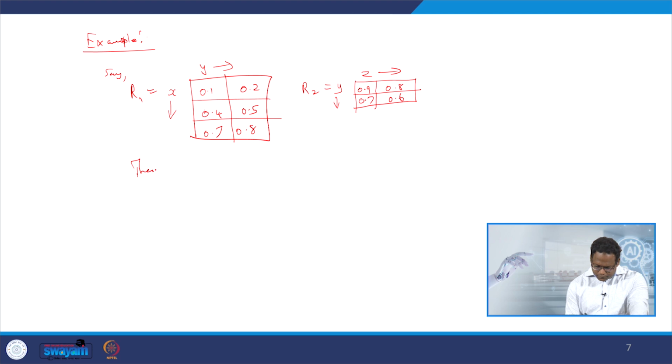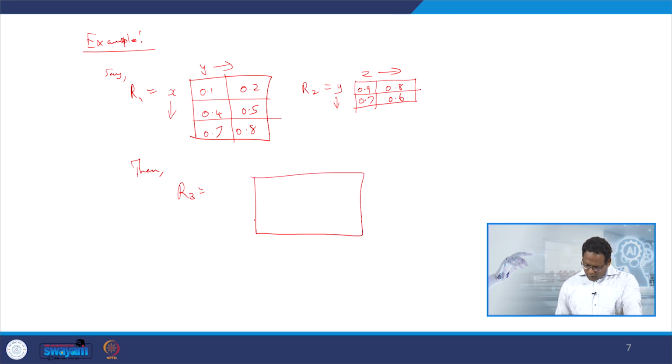So, then we have R3 obtained with the dimension R3 is meant for x and z. So, 3 cross 2, this is for x and column for z, x cross z.